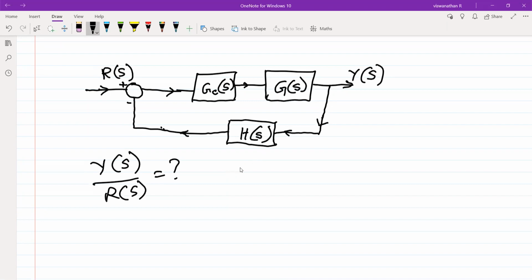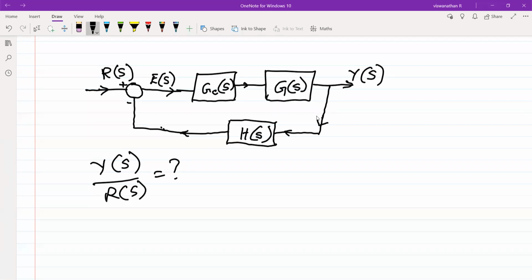For this, Y of S is nothing but, as I told you, in the S domain, instead of doing the integration, we can do multiplication. So I write this as E of S, the error signal. This is the feedback which comes from here. This is the input.